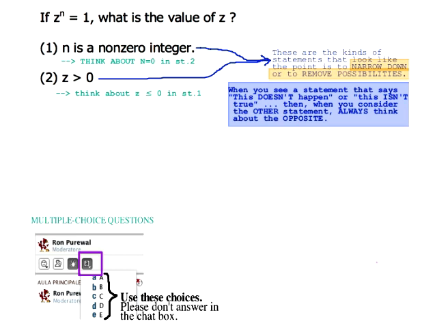So, what should non-zero tell you? Well, yeah, but the deal is in the other statement. If they're telling you that, then there's a reason why they're telling you that.